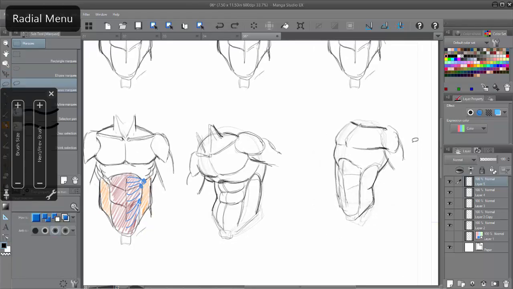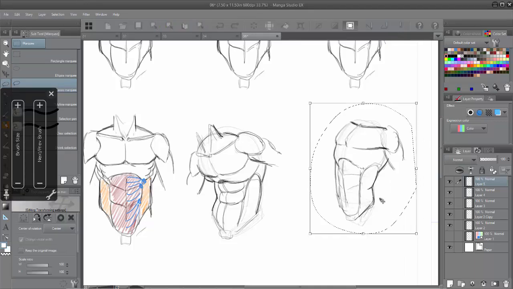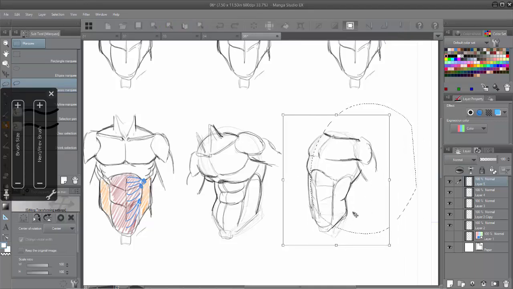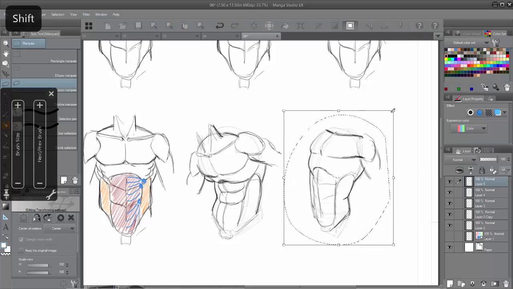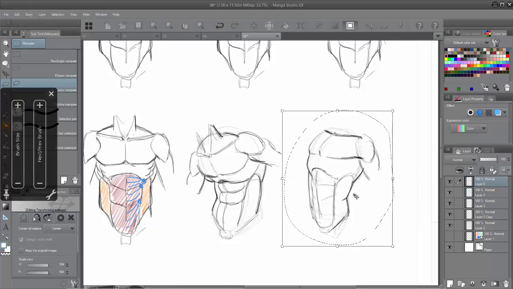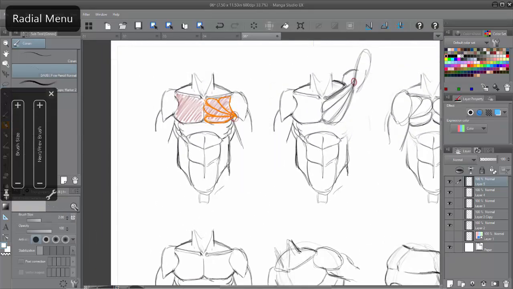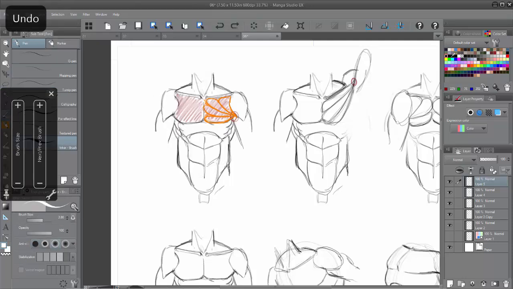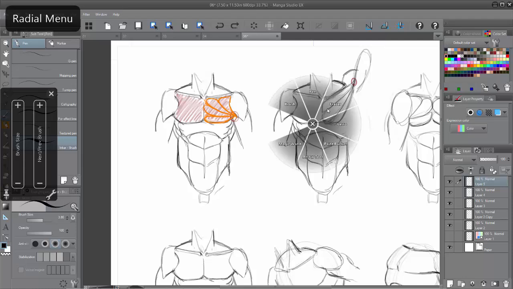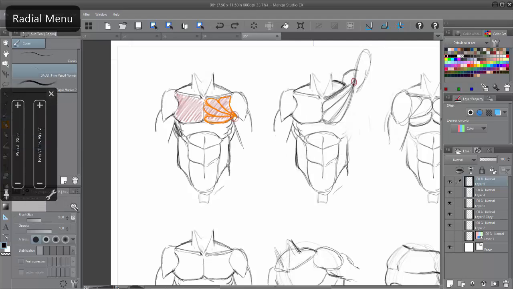You can see also that although we haven't done those smaller muscles that I was talking about, we've essentially skipped all of these small muscles in here, all of that detail.